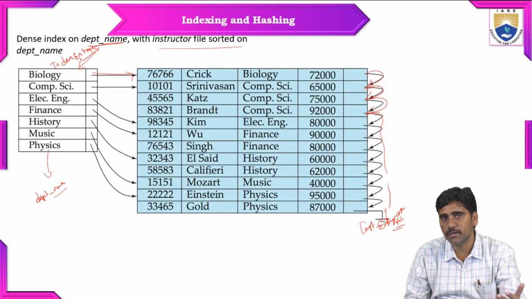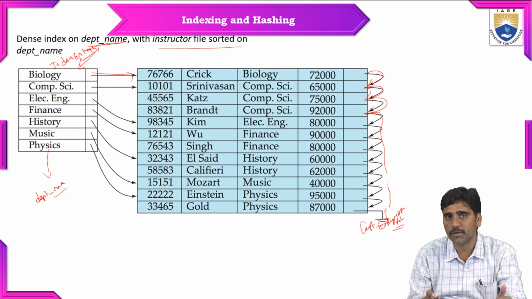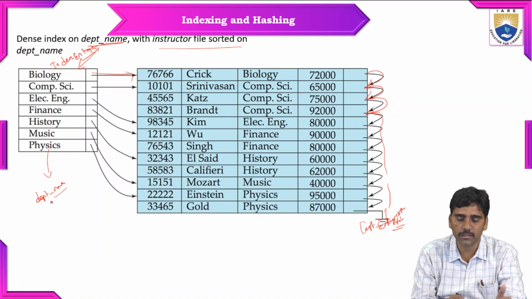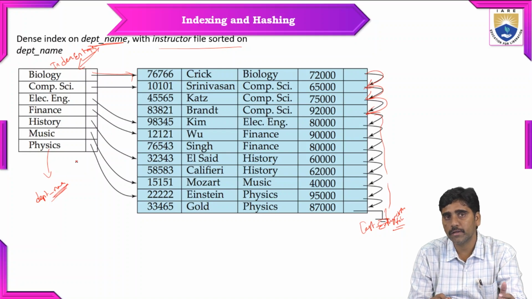And in dense indexes we can also take other non-prime attributes as index entries. Here I am taking department name as an index entry.